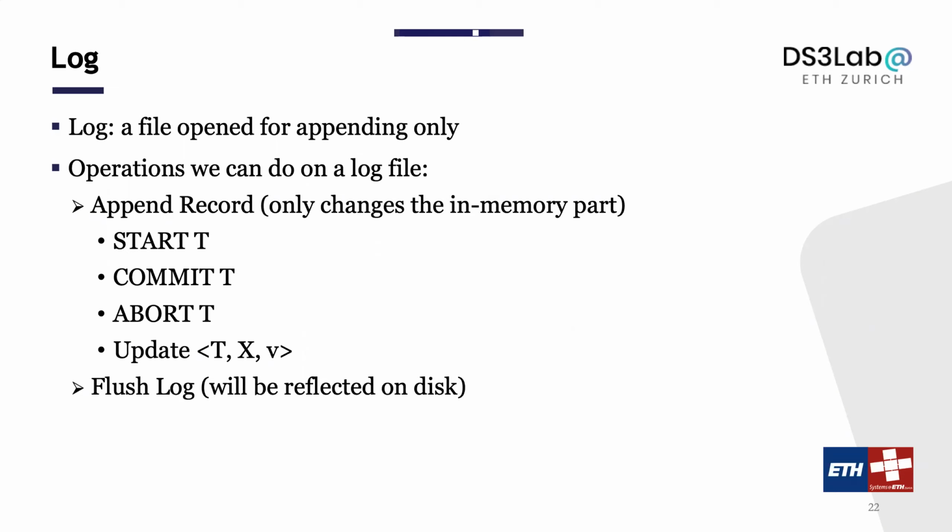Then there's one other operation I can do on my log file, other than appending records: flush the log, which means I bring all the in-memory part of the log and write it to my hard drive. This is pretty much the only 2 things I can do to my log file. I can keep appending stuff, and I can flush it out.